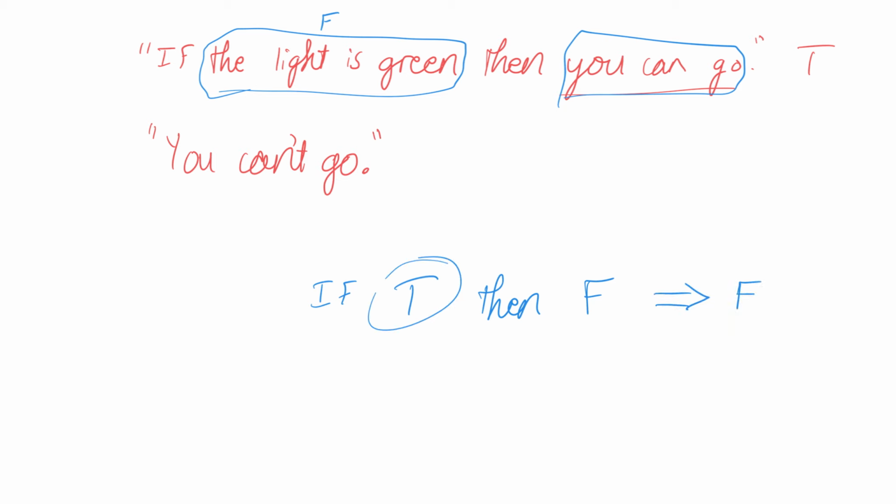So the possibility that the antecedent would be true would mean that the conditional would have to be false. But if we're assuming the conditional is not false, it is true, then we cannot have that, and so the antecedent must be false. That is what you can infer from these two things.